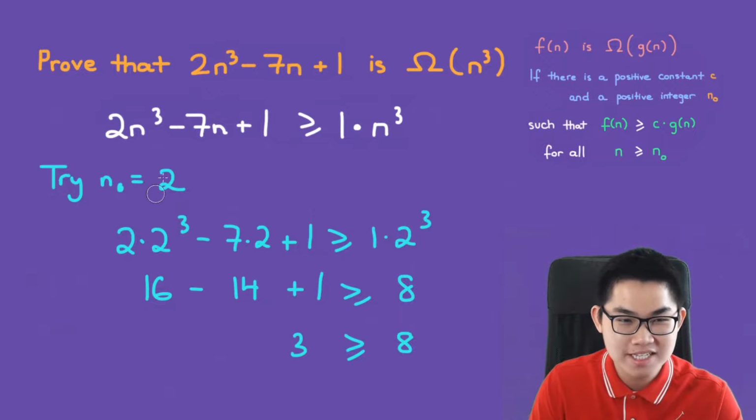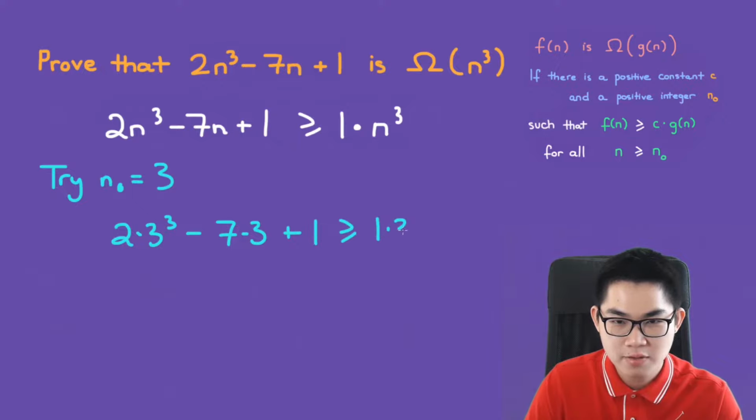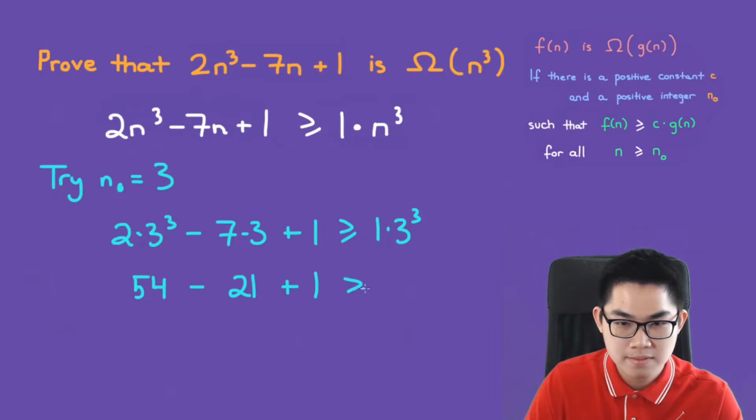So we have to increase this to a 3 and see what happens. 2 times 3 to the power of 3 minus 7 times 3 plus 1, and 1 times 3 to the power of 3. This will be 54 minus 21 plus 1. This is 27. We have 33 plus 1 gives us 34.